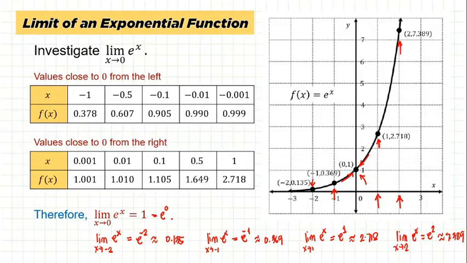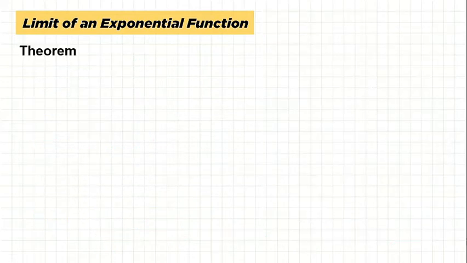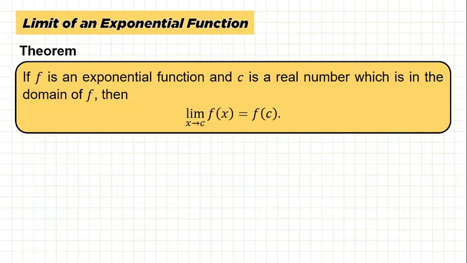Because of that, we have this theorem: if f is an exponential function and c is a real number which is in the domain of f, then the limit of f of x as x approaches c is equal to f of c. Therefore, if we are given any type of exponential function, in evaluating the limit we can just do direct substitution.